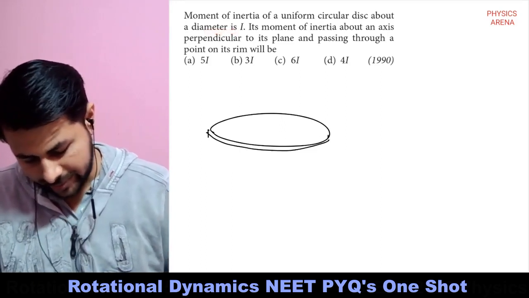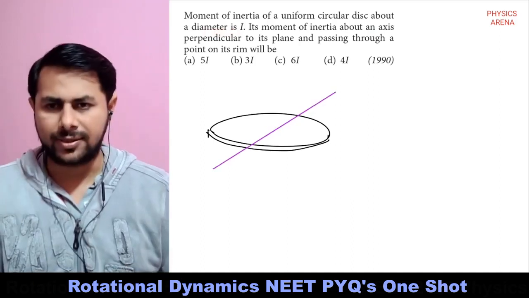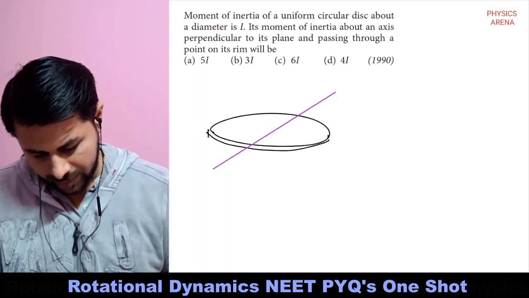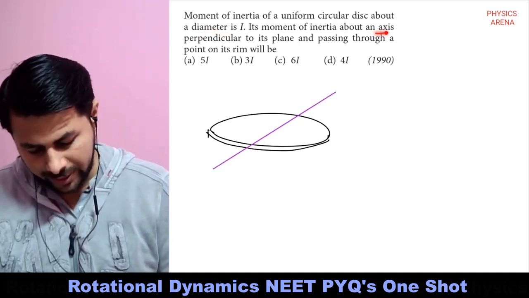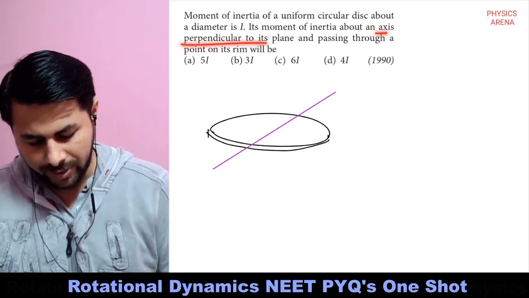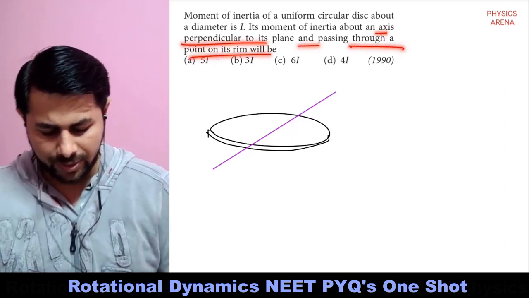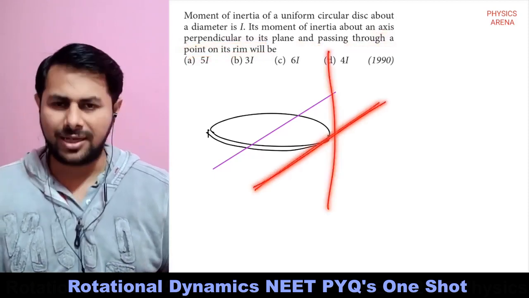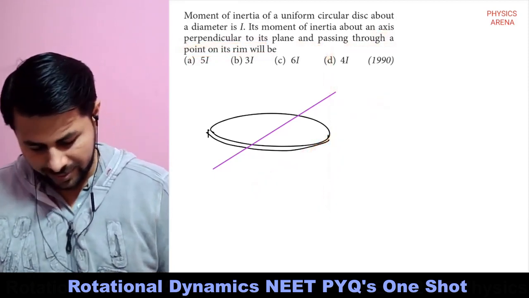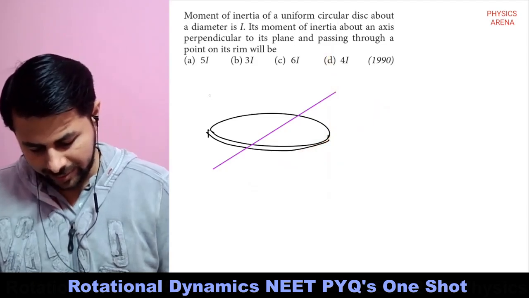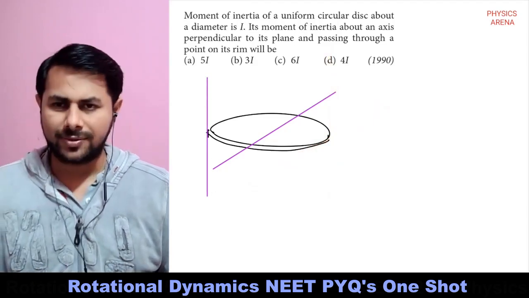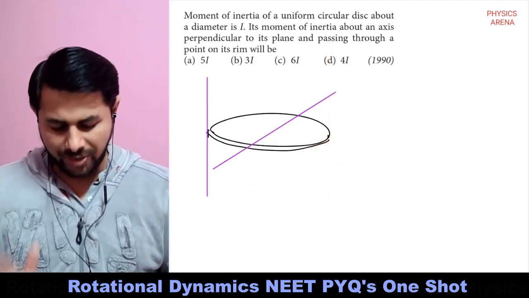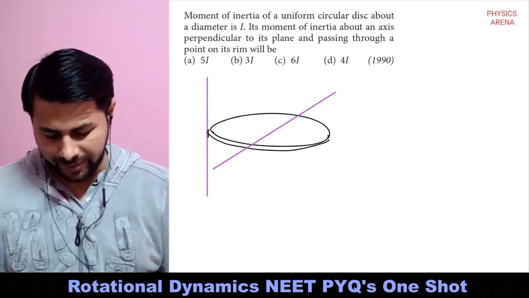About its diameter is given. So about this axis, this is given. So you want its moment of inertia about an axis perpendicular to its plane and passing through a point on the rim. So not this axis, it will be an axis like this. You want moment of inertia about this kind of axis, a point on the rim and perpendicular to its plane.